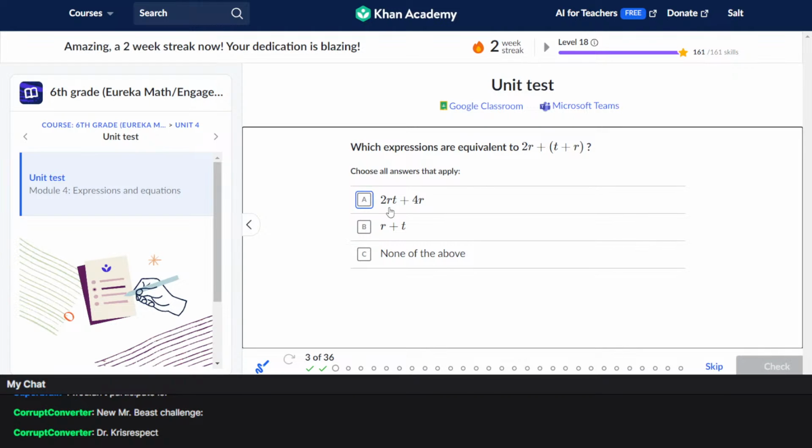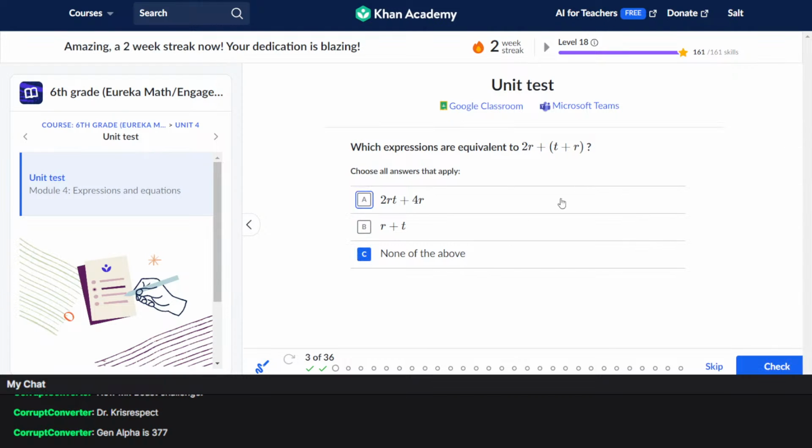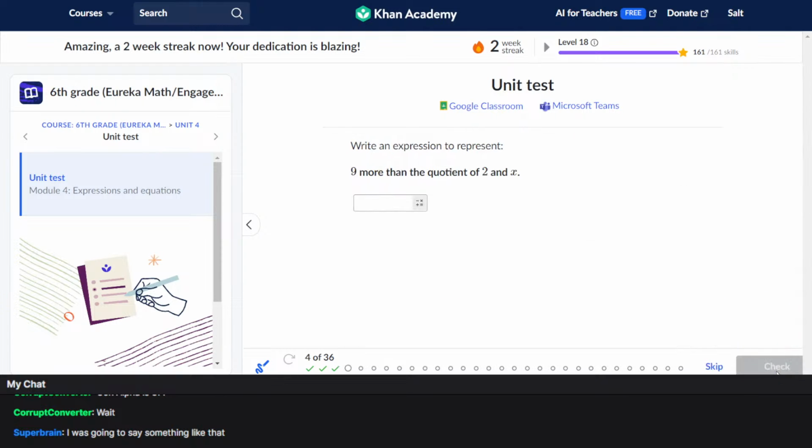Two R plus T plus R. Corrupt Converter says Gen Alpha is 377. Yeah. Wait, none of the above, right? 2RT. Corrupt Converter says wait.